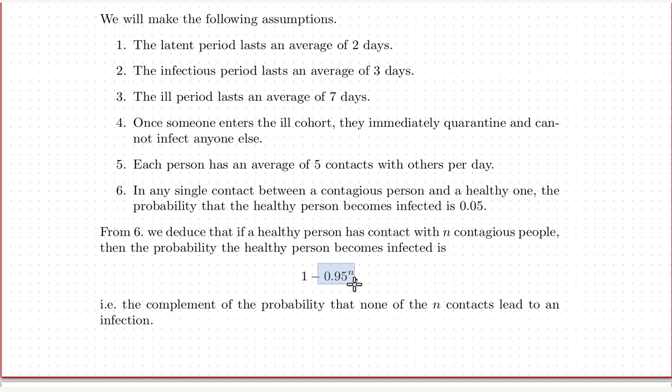Therefore, the probability that you do become infected in at least one of those would be the complementary probability, 1 minus 0.95 to the n. So this is the formula we can use to model the event that a person becomes infected when they've had n contacts with contagious people.